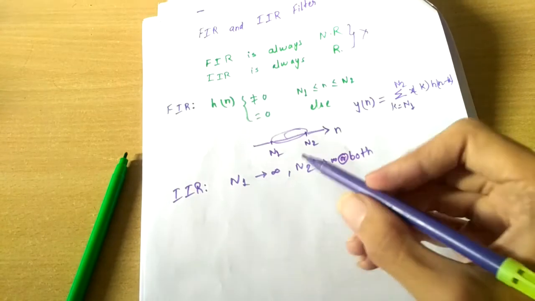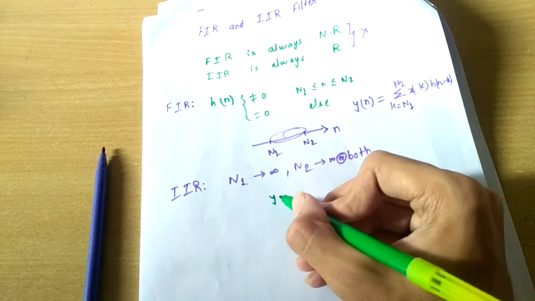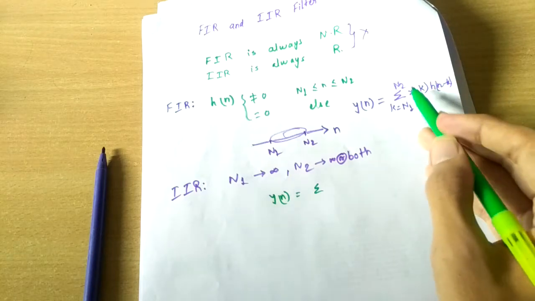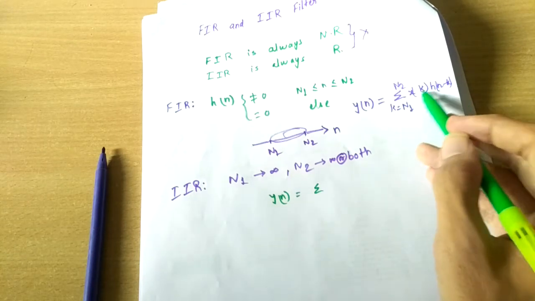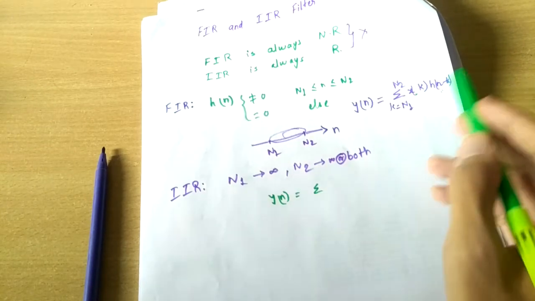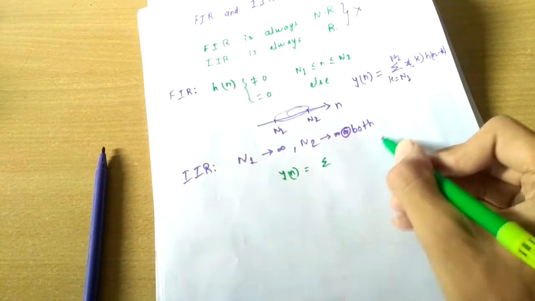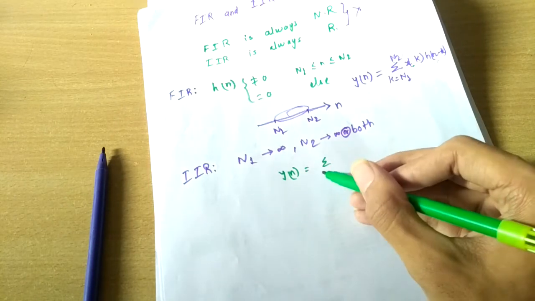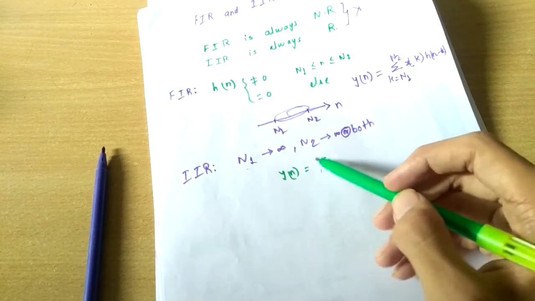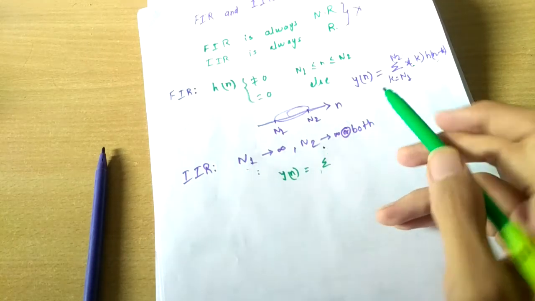So this is the definition of FIR and IIR, and again the output will be given by y of n as the convolution, but the limits are decided by these two things only. So whether it is FIR or IIR, the output remains the same, only the limits differ. I am not writing the equation again. The difference is that the limits will be different, because here our impulse response h of n is of infinite duration, either with n1, or n2 tending to infinity, or both.